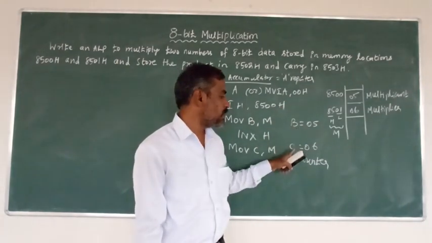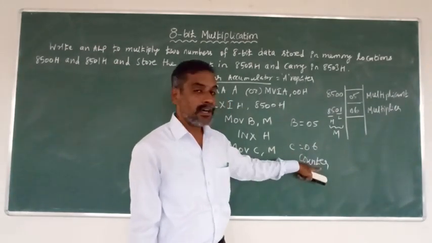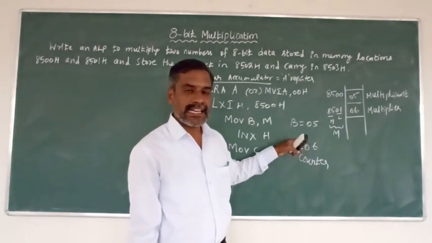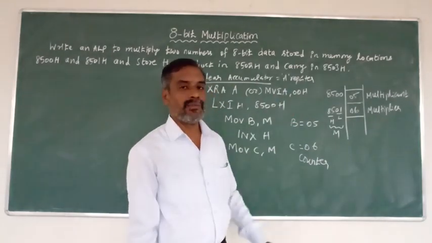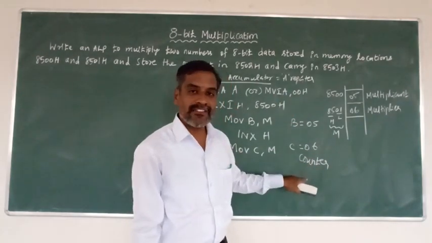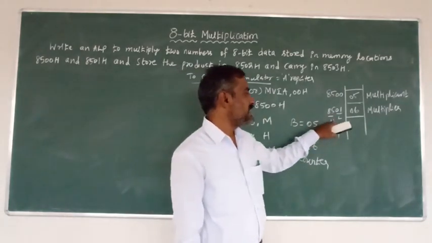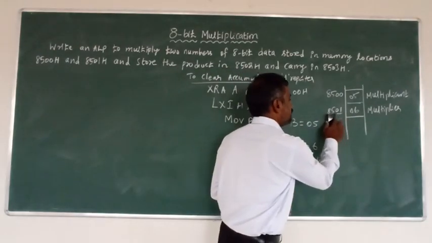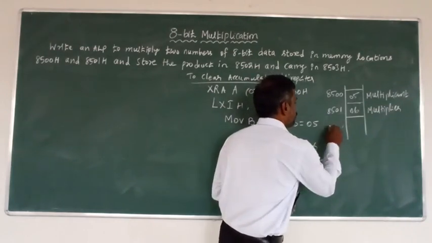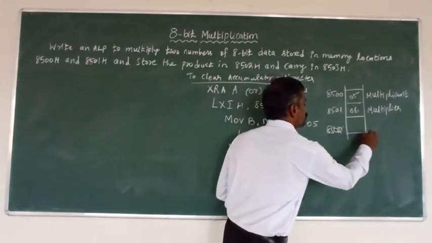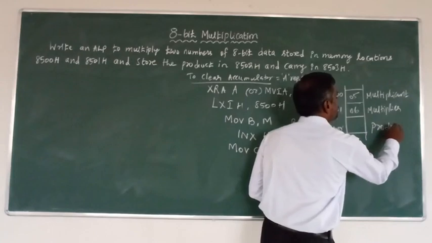To fix any one register content as the counter, the second register data is added with the accumulator till the counter value is 0. If the counter value is 0, then to store the accumulator result, the next address location 8502 stores the product result.